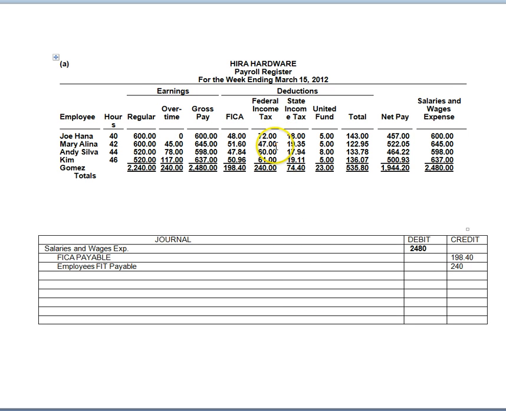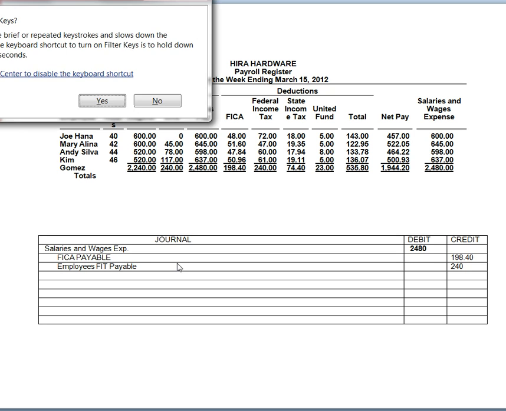And then the state income taxes, which we showed in the previous video, have to also, monthly or however often, be remitted to the state, Massachusetts here, Department of Revenue. So we'll call that state.